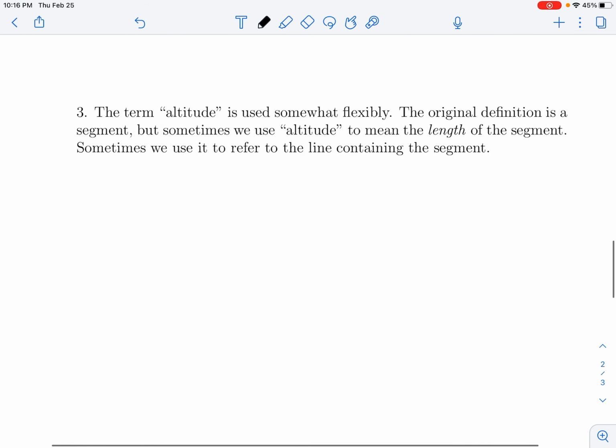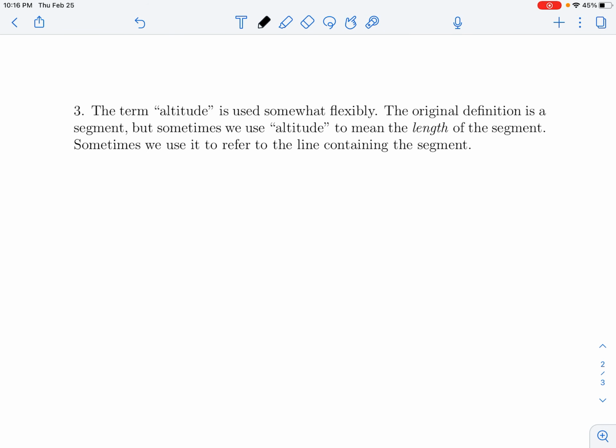And then one last thing I want you to know is that this word altitude, much like the word hypotenuse and some other words we use in a triangle, can be used somewhat flexibly. The original definition is a segment, but sometimes we mean the length.